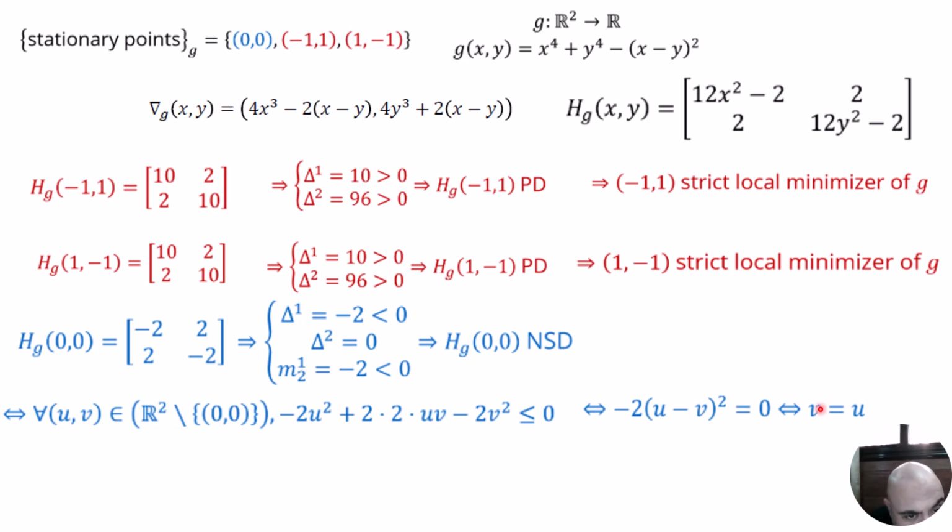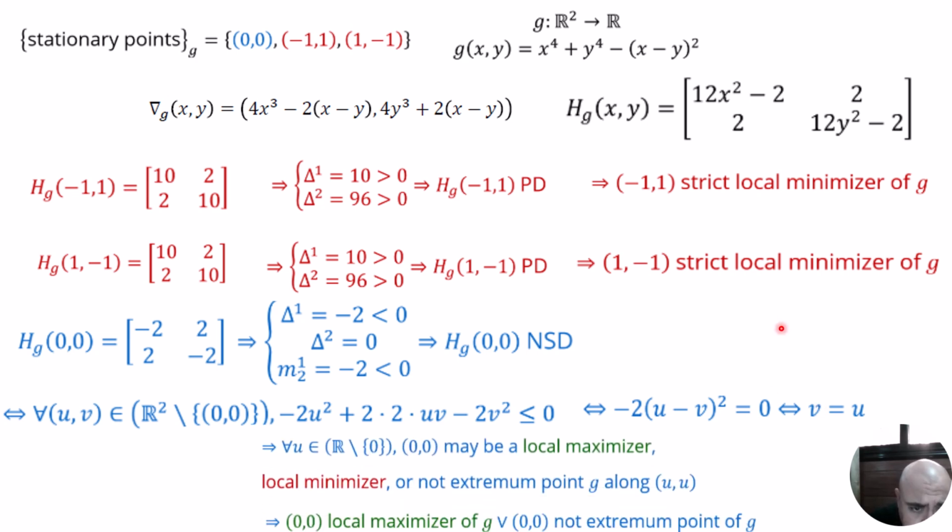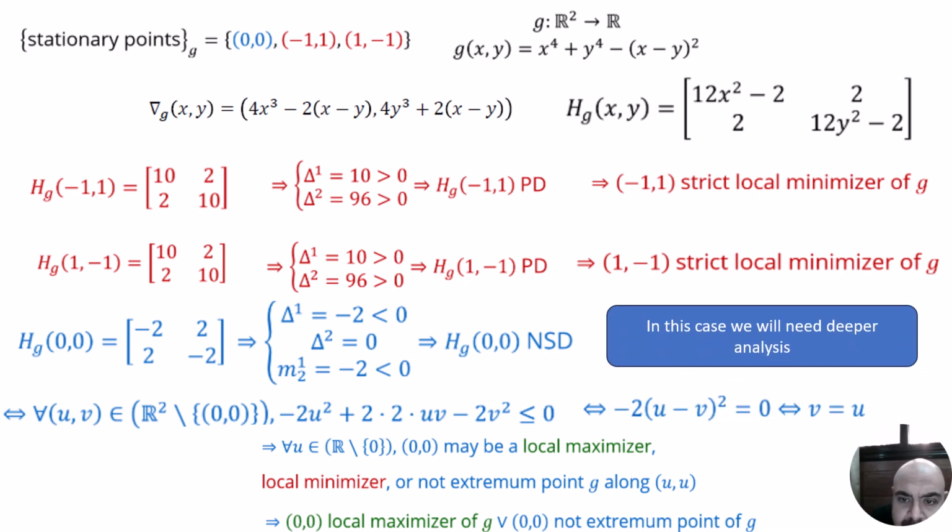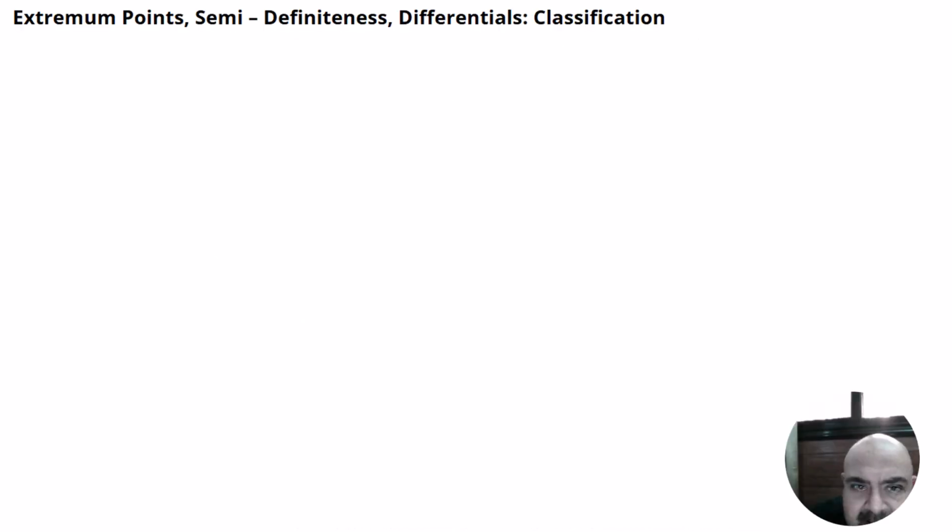That's the main shape of the quadratic form. So maybe at 0 0 it's a local maximizer because it's negative semi-definite, maybe a local minimizer, or not an extremum at all. So we will need to go through deeper analysis as we spoke previously.